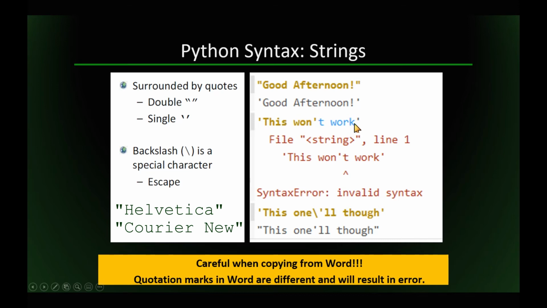But if we're typing this in here, this won't work, of course, because we have a single quotation mark. This here would be interpreted as being your string, and then here we have something that is simply going to be missed. And it would give you an error message, invalid syntax. If you add a backslash before the quotation mark, then it would be interpreted as a quotation mark, and you can use this string.